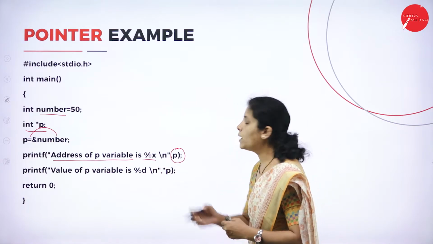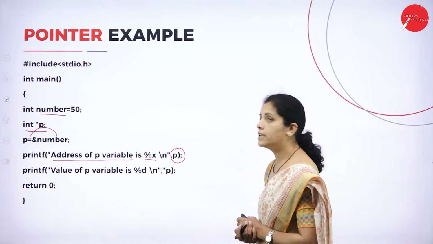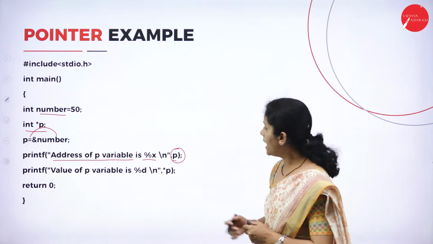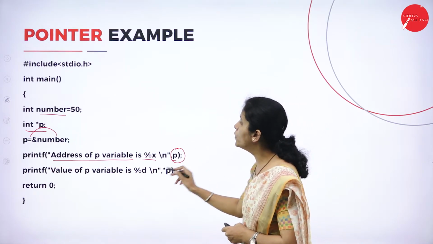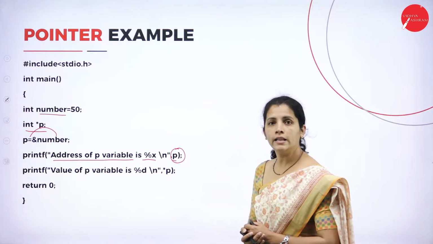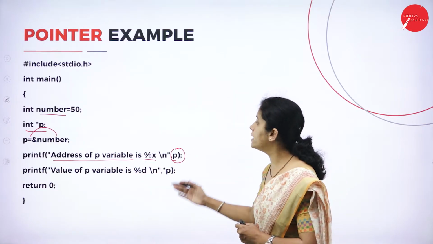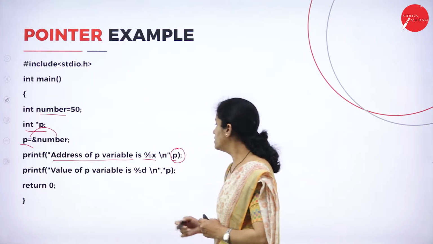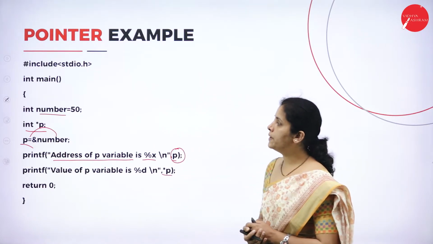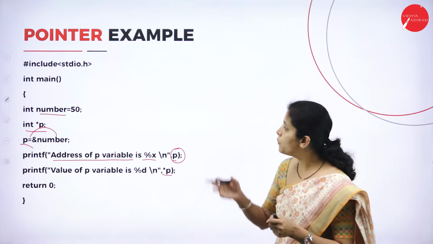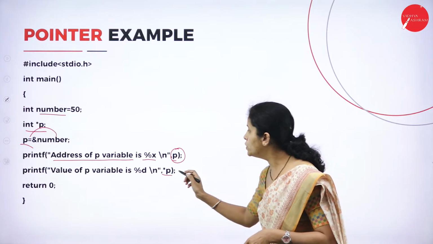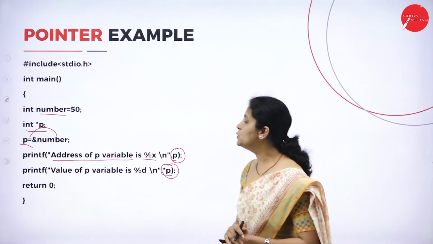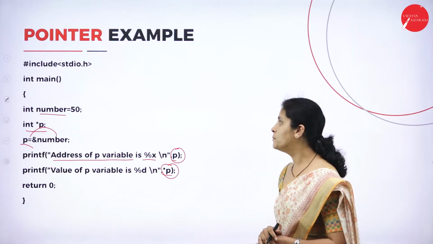So here, what is my format specifier? That is %x, and I just write p. When I use p, I get the address. And there are certain situations where I want to get the value. So what value do I want to get? That is star p. That means to get the value 50, I use asterisk p. This is the way I can use pointers in my C program.